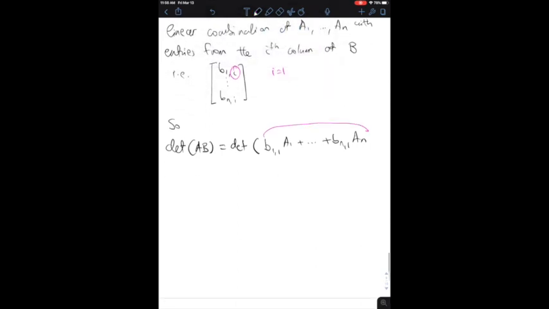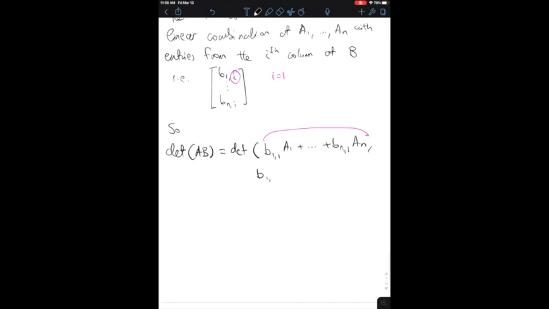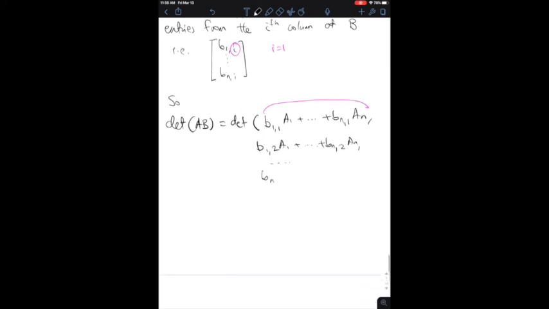And then the second column of the product is given by taking the entries B12 times A1 up to Bn2 times An, and so on until the last column, B1n A1 up to Bnn An.